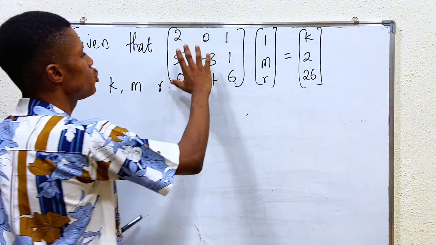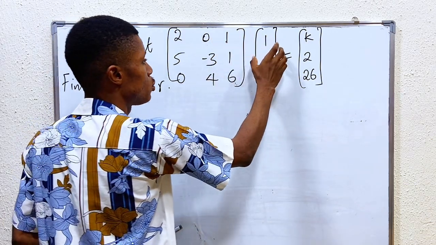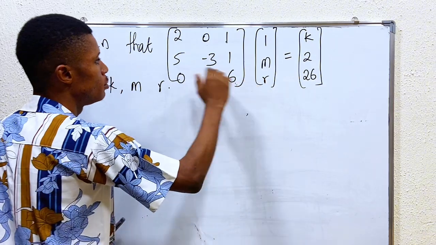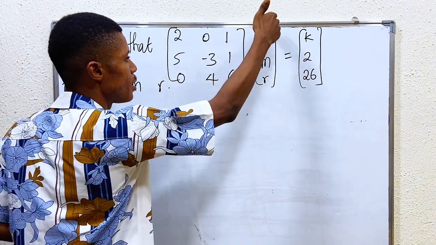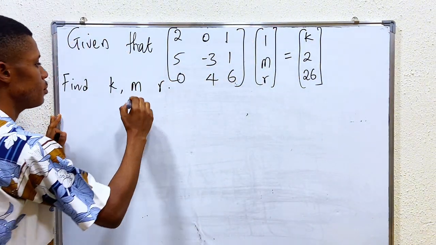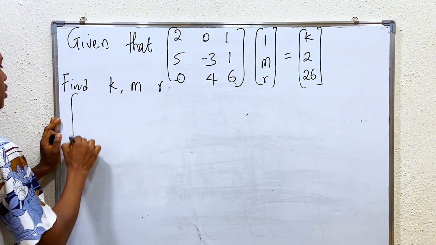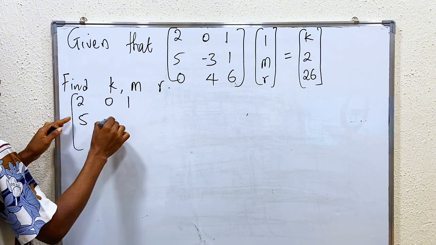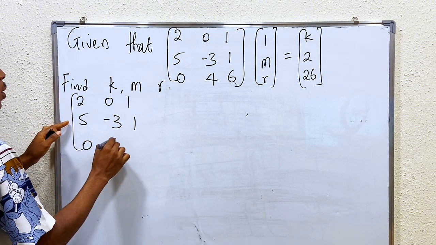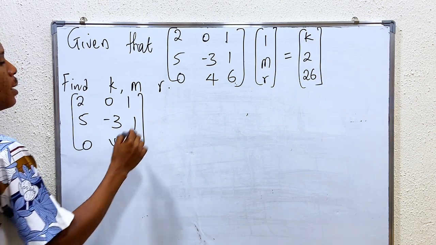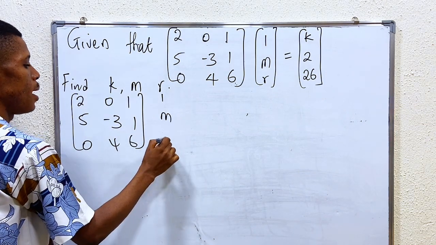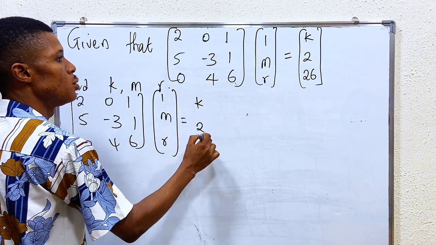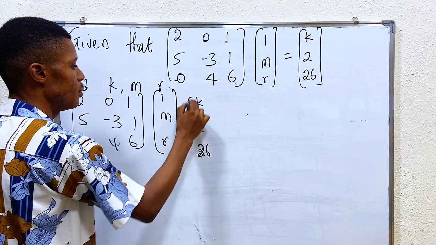First things first, we are going to multiply this 3 by 3 matrix by this 3 by 1 matrix. We'll multiply row by column, row by column, row by column. So if you are multiplying this matrix, 2, 0, 1, 5, minus 3, 1, 0, 4, 6, by another matrix 1, m, r, the answer is k, 2, 26.